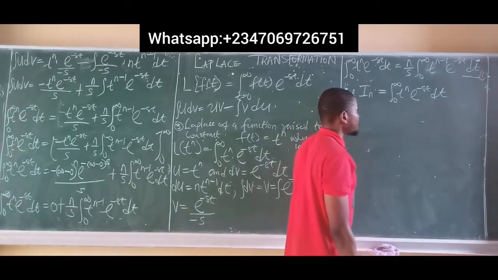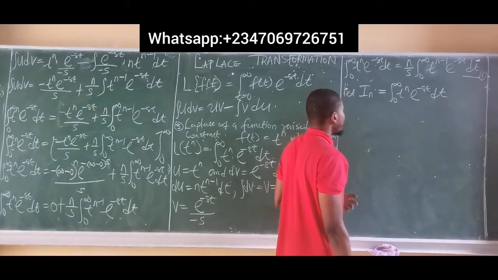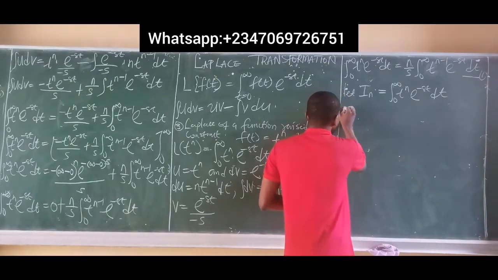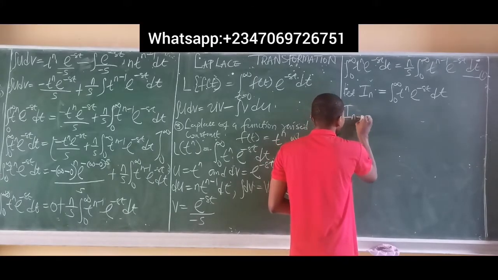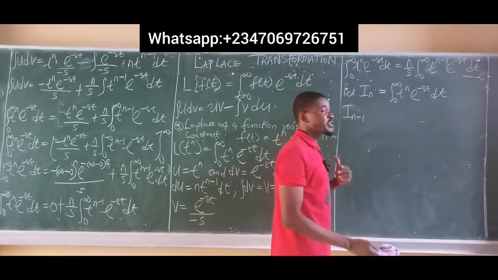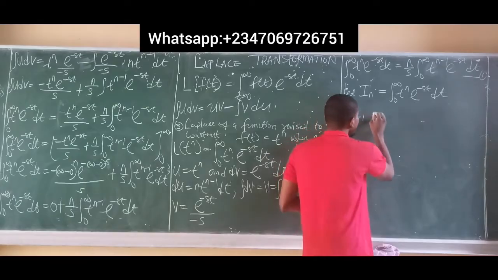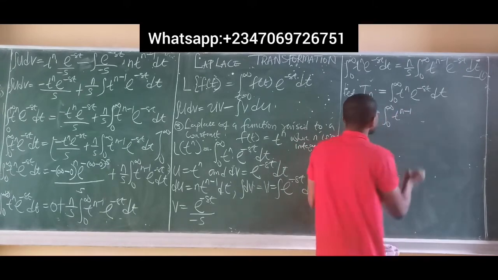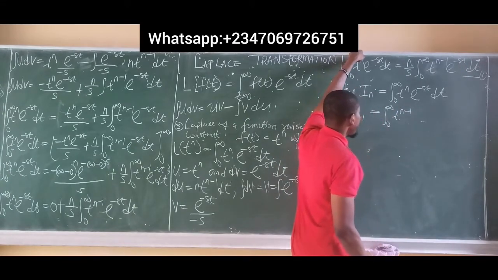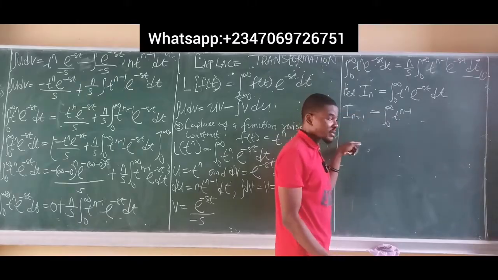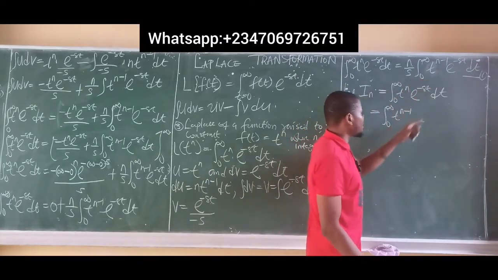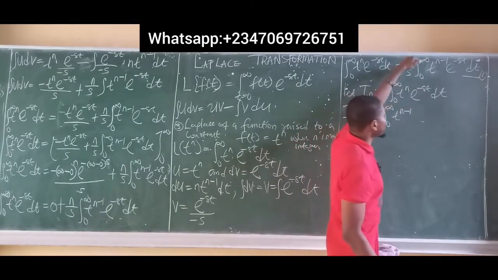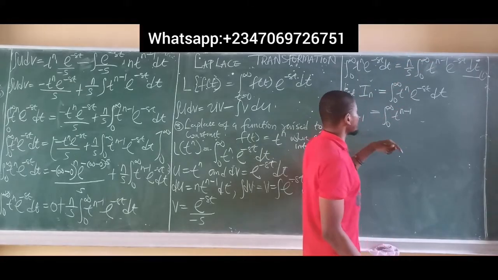If we call this I, then this simply means that I sub n minus 1, when n has been replaced by n minus 1, gives us the integral from 0 to infinity t to the power of n minus 1 exponential minus st dt. Wherever t appears now, the power becomes n minus 1.